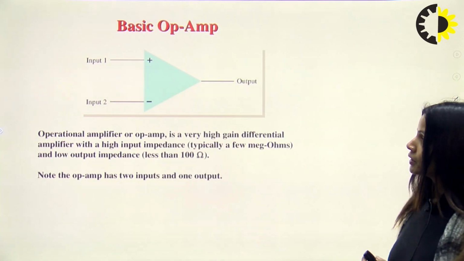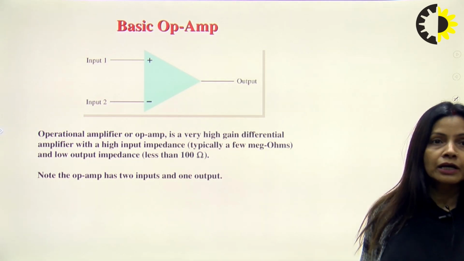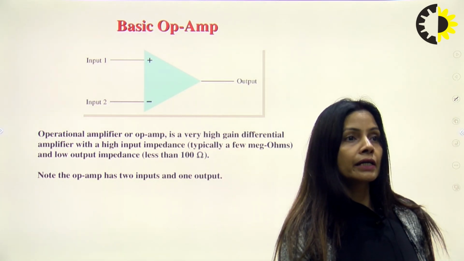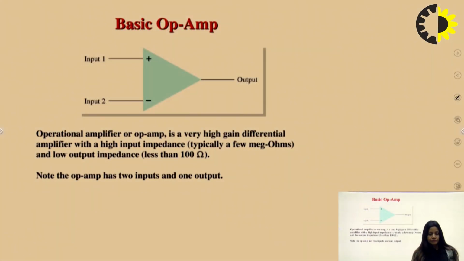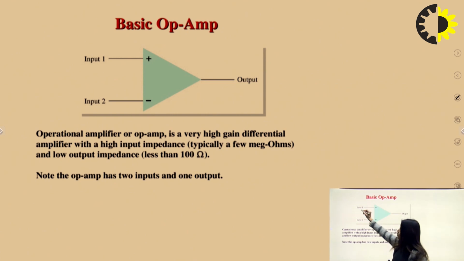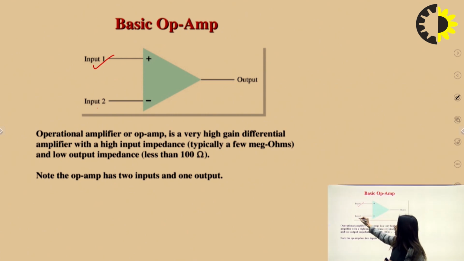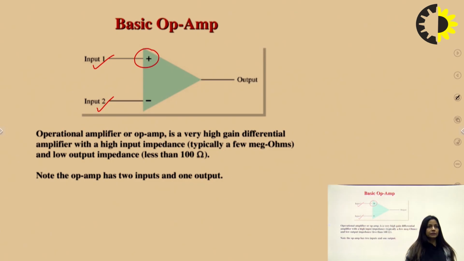Now this is a basic Opamp circuit in which we can see there are two inputs and one output. We have input number 1 and input number 2. This input 1 is mentioned as the positive terminal or non-inverting terminal, and this negative is mentioned as the inverting terminal.